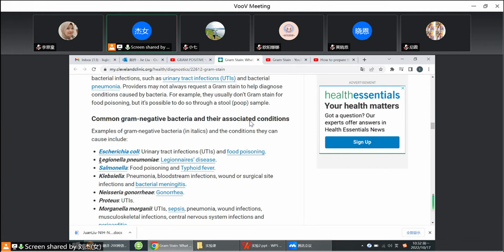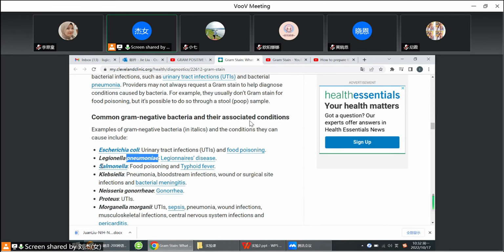And this one, Legionella pneumonia, the most common symptom for this bacteria is just pneumonia and some other related symptoms.